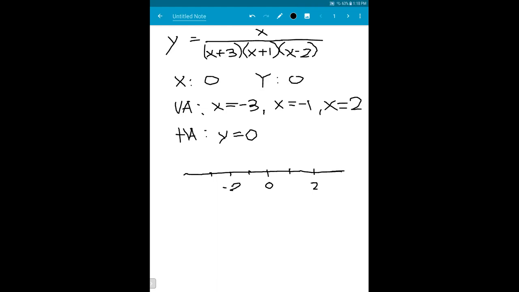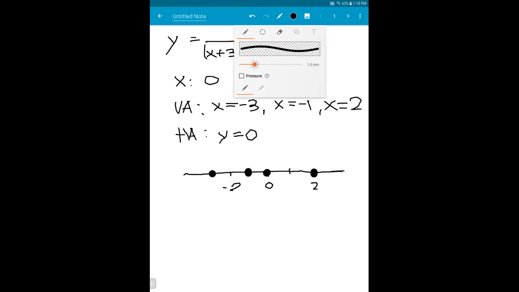So from the numerator, we have 0. Okay, this one. From the denominator, we have -3, -1, and 2. And the correct order of signs is as follows.